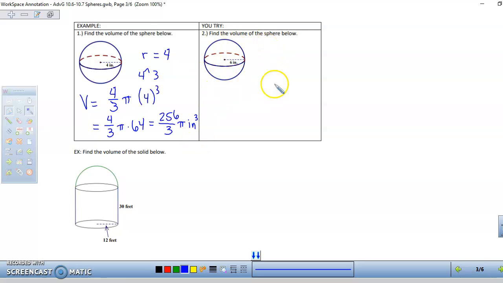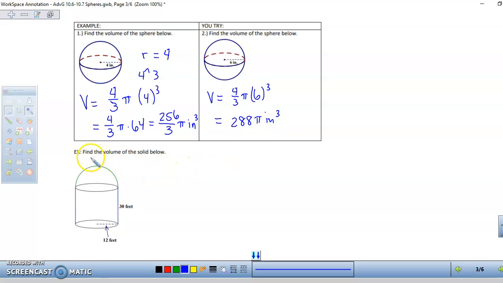Pause and try this one on your own, the same way. Welcome back. So you're going to have 4/3 pi, 6 cubed. 6 cubed is 216 times 4 divided by 3, and you do end up with 288 pi inches cubed.